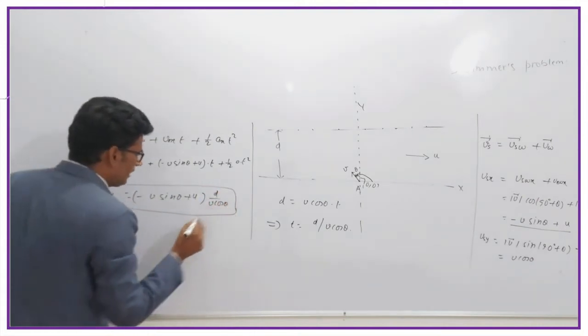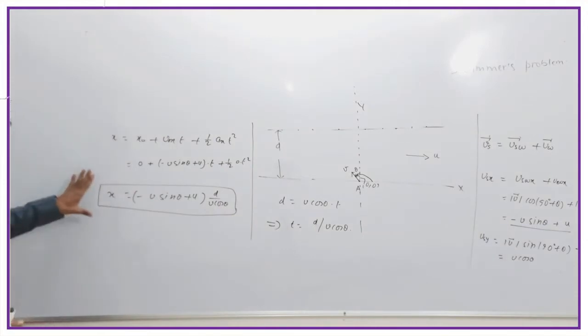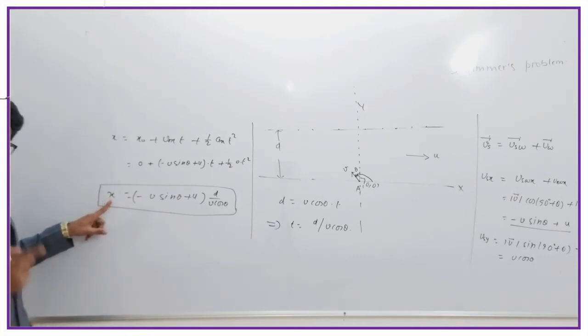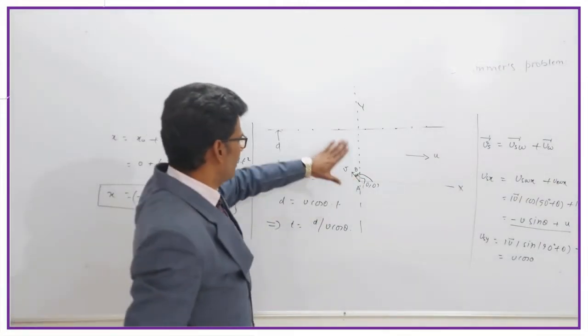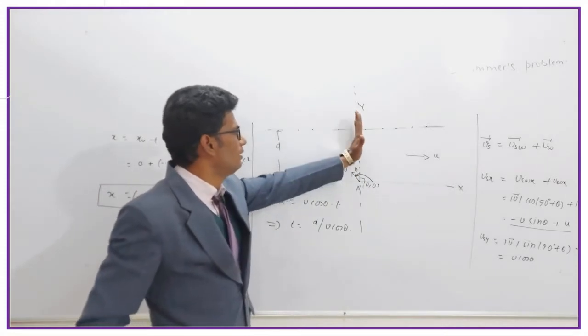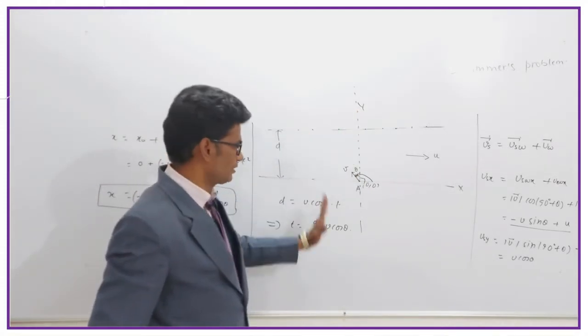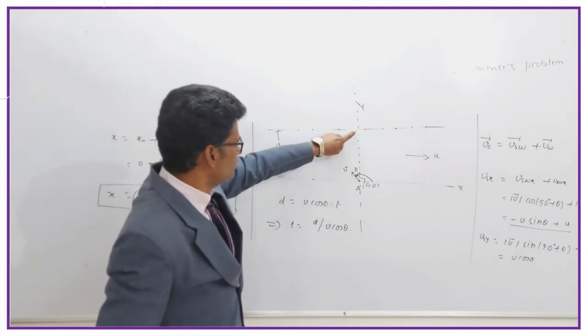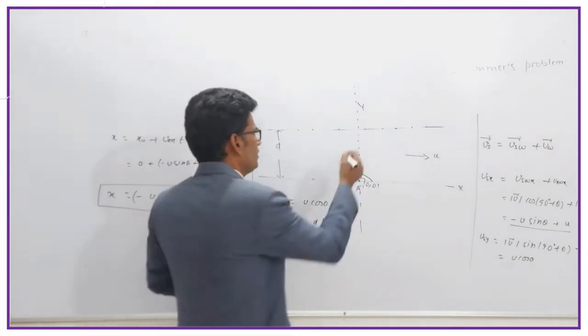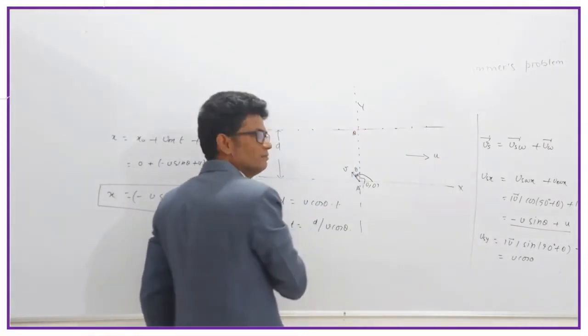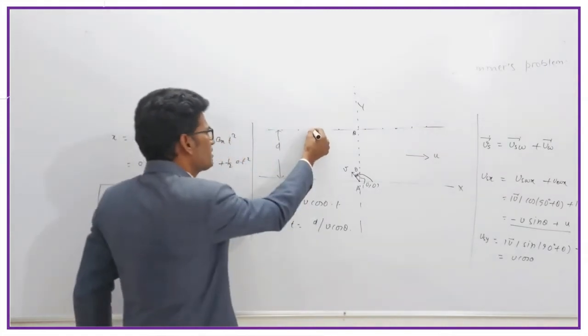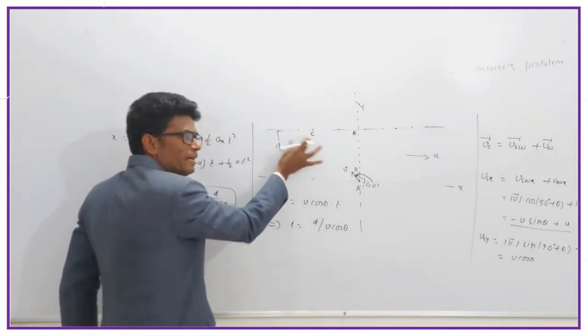Now it is very clear that because it is a coordinate, it may be negative, 0 or positive. If it comes out to be negative, it means the swimmer lands somewhere left of the y-axis. If it comes out to be 0, then the swimmer lands directly opposite to the starting point, say at point B. It might have been some point here, C, then x will be negative.